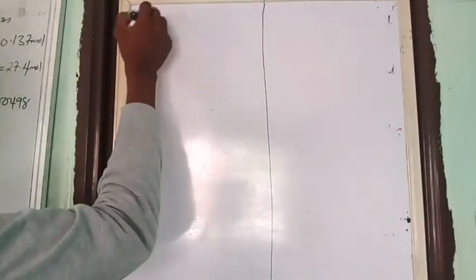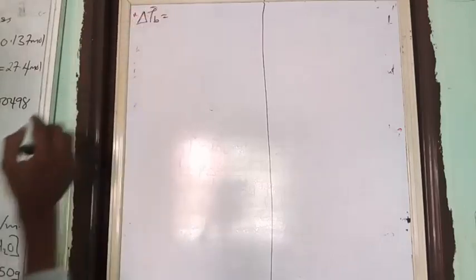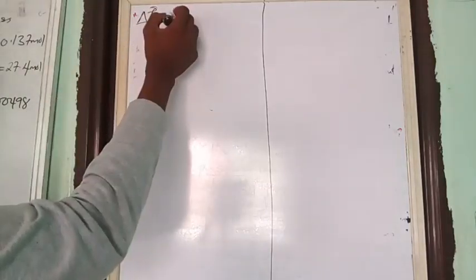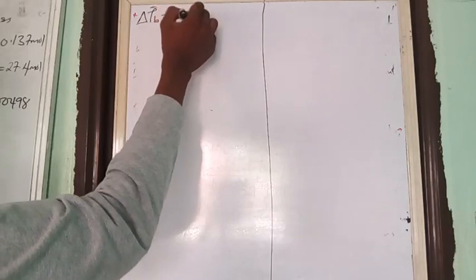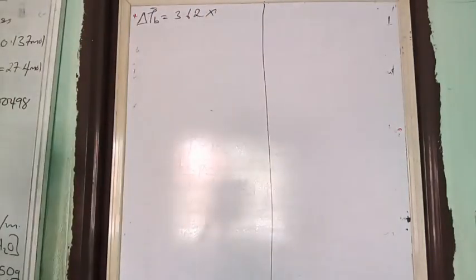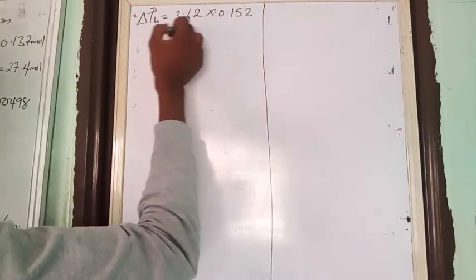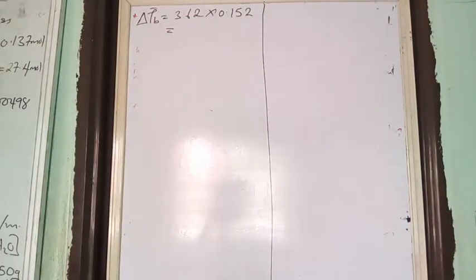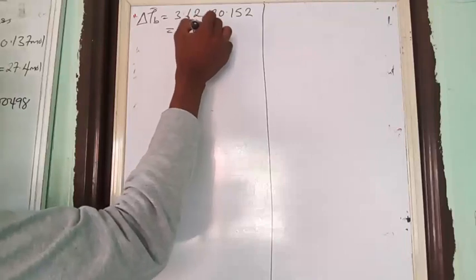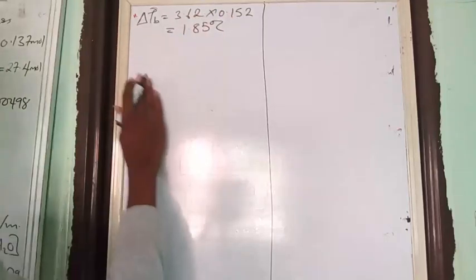So our change in Tb will be equal to molality, which is 3.62, times our Kb, which is 0.512. That gives us a value of 1.85 degrees Celsius. But the question says to find the new boiling point.